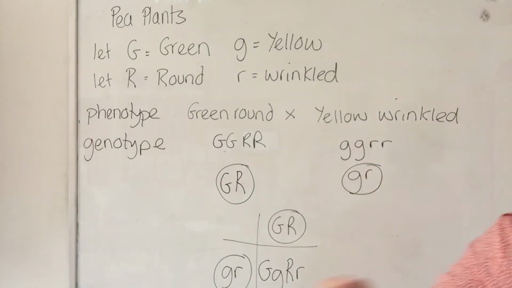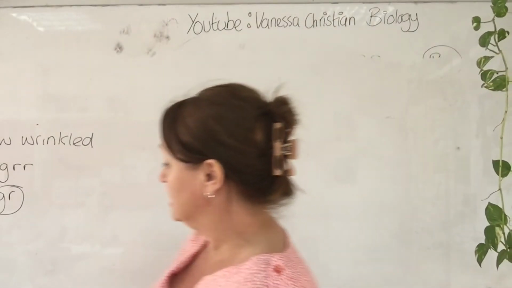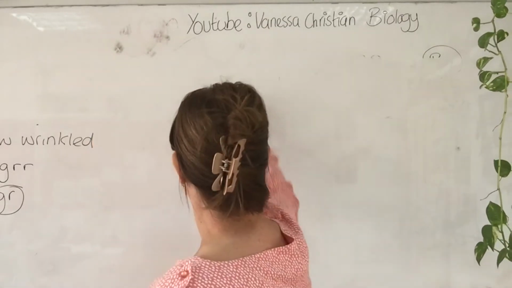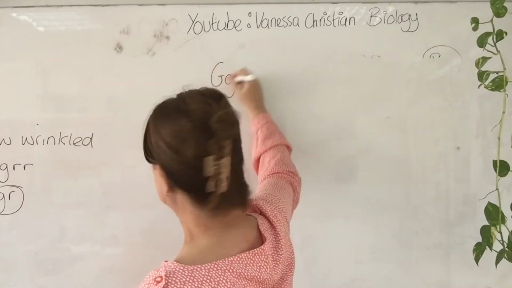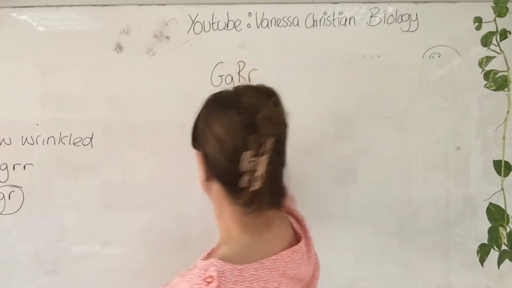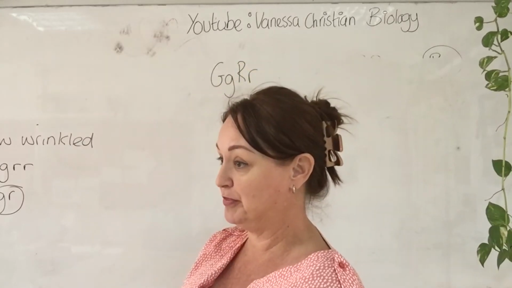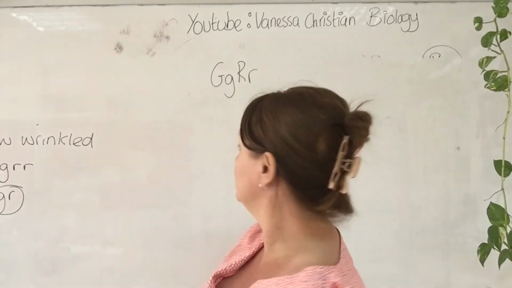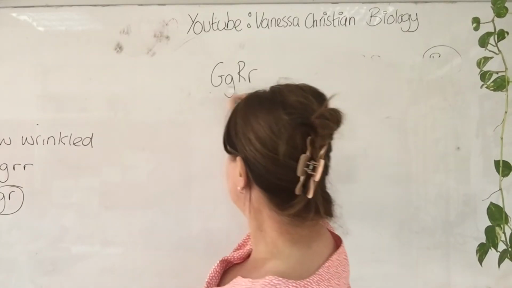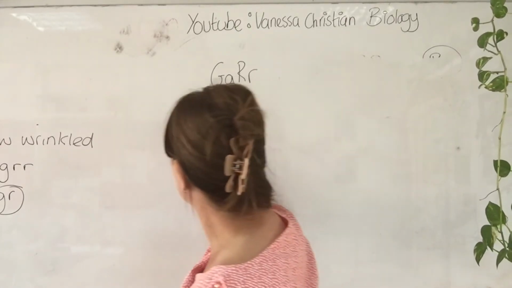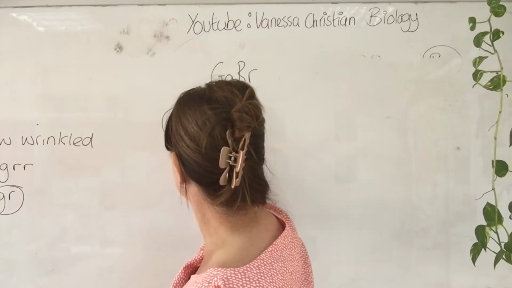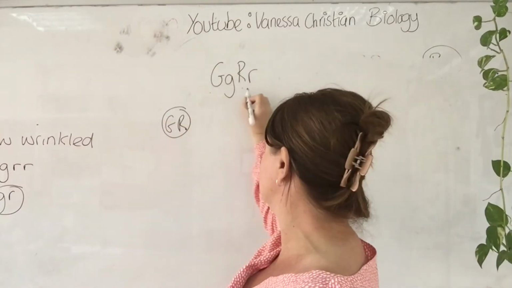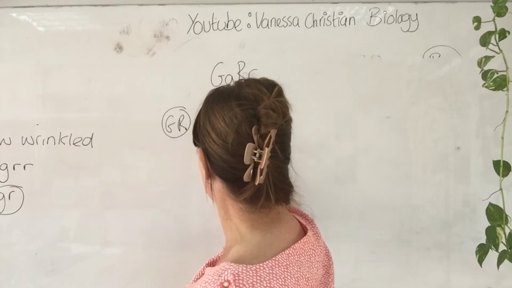I'll come over here actually. So what we're looking at now is our F1 generation, and we know that all the seeds in our F1 generation have that genotype. So what gametes can they make? Well, this G can combine with this R, so we can have GR. This G can combine with this R, so we can have that.